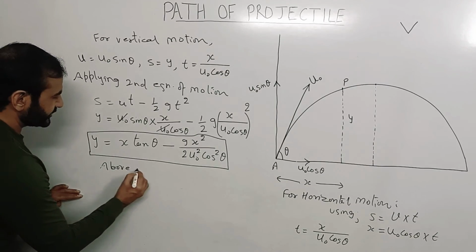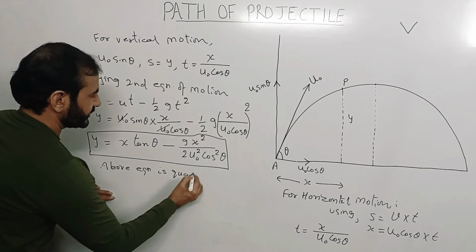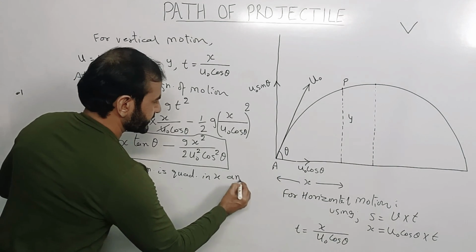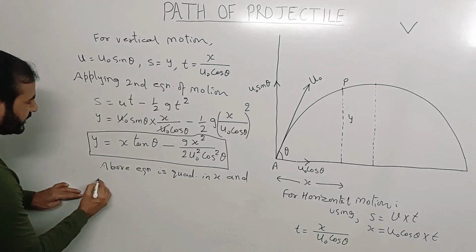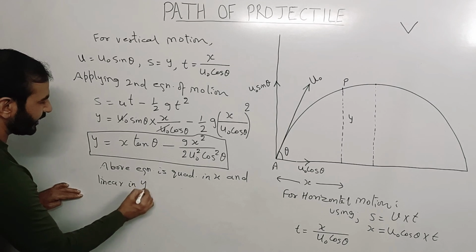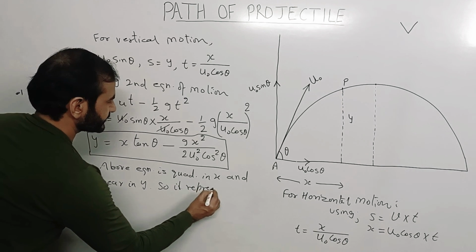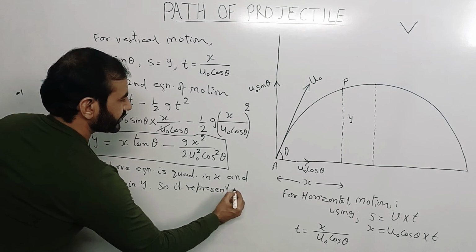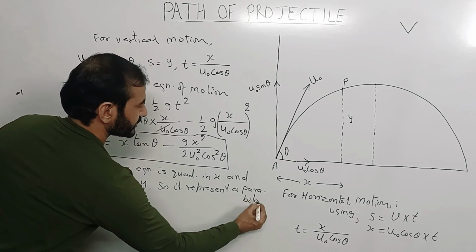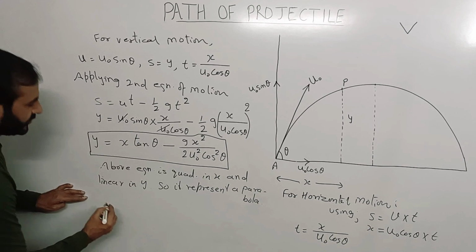Above equation is quadratic in x and linear, 1 power, in y. So it represents a parabola. That is, path of projectile is parabolic.